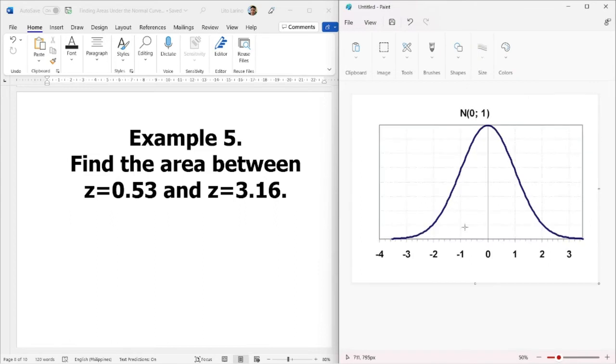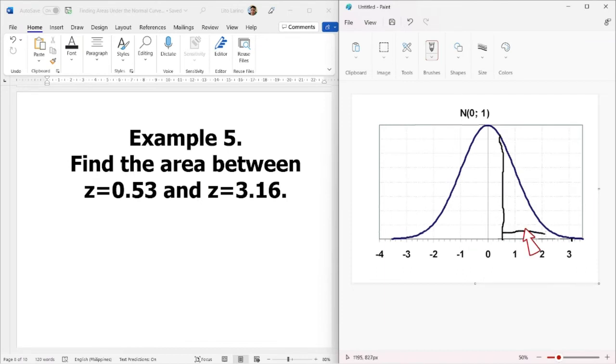When we have two z-scores, let us locate first our two z-scores in our normal curve. 0.53 may be located here. Okay, 0.53 and 3.16, maybe here. Thus, we are going to determine the area between the two z-scores.